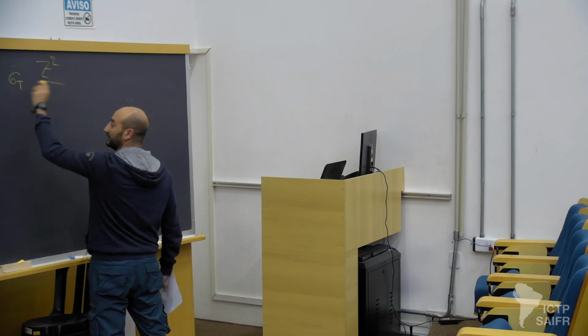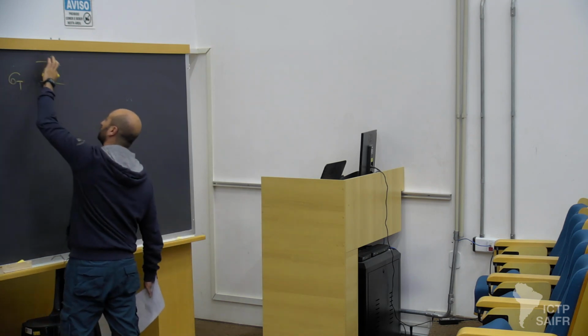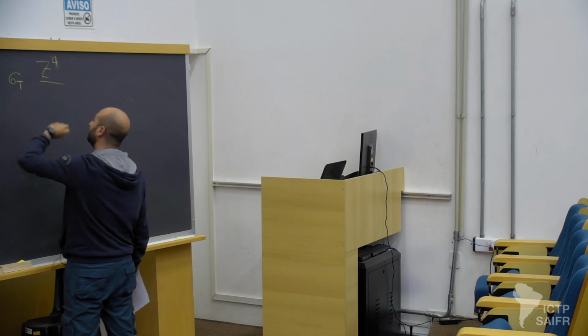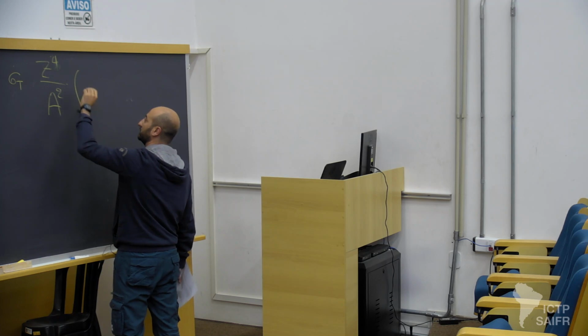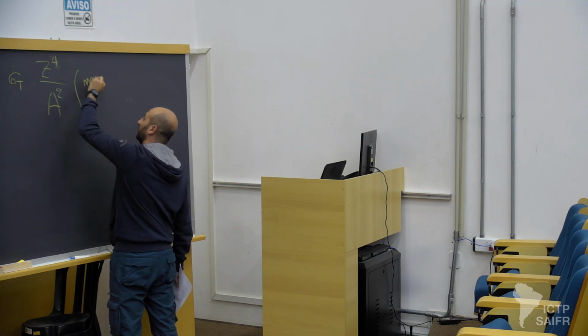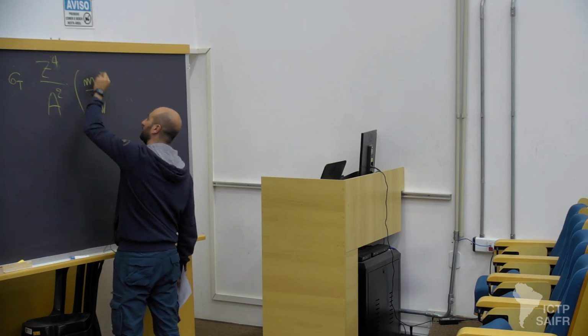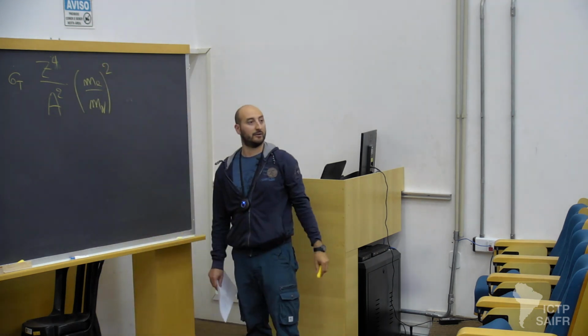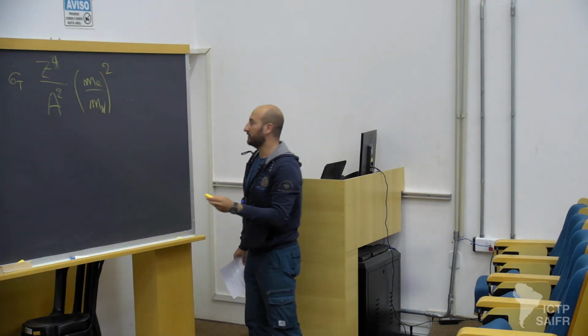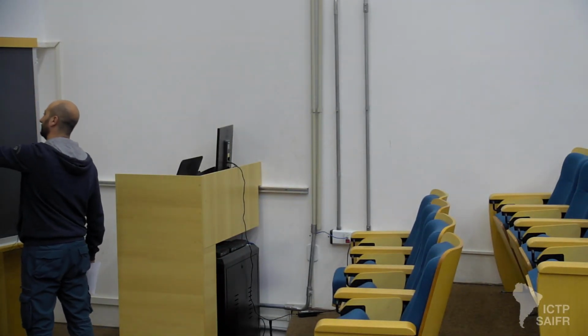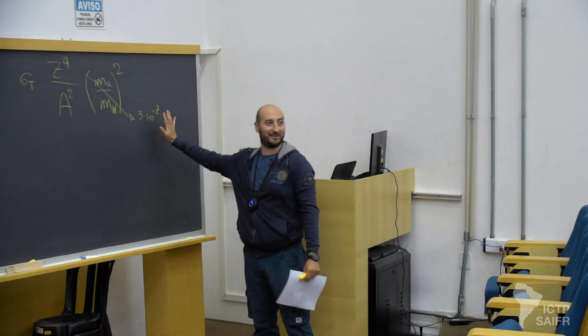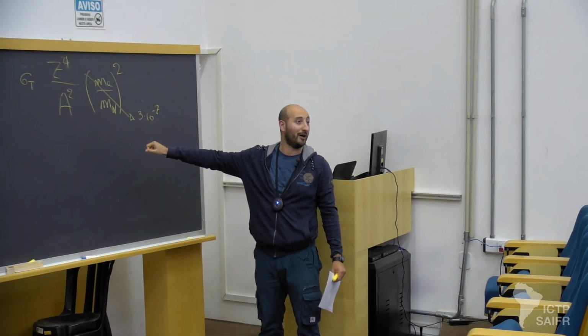There will be z to the 4th, because it's alpha square. And then there is a factor A square times the ratio of the mass of the electron over the mass of the nucleon squared. So basically for a nucleus, this thing here is roughly 3 × 10⁻⁷. So you go from a fraction of a barn to something which is basically below the microbarn.